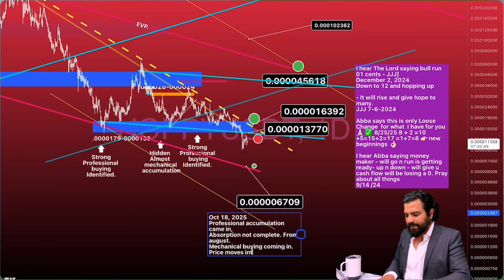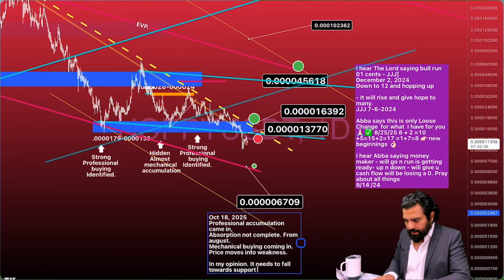Price moves into weakness. In my opinion, it needs to fall towards support near 0.000067.